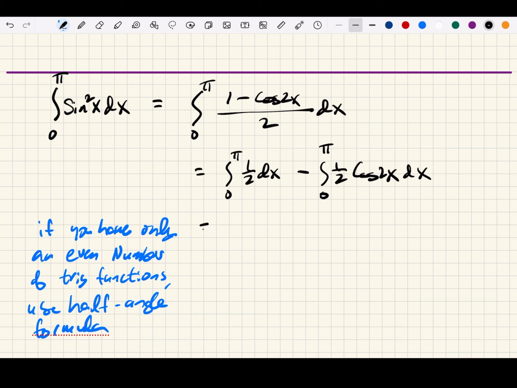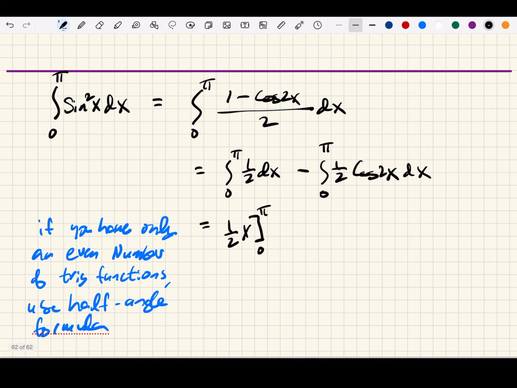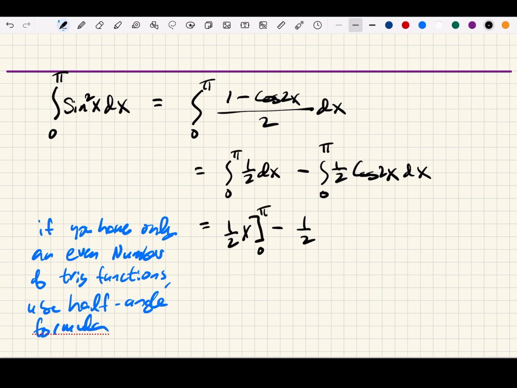So we'd have 1/2 x evaluated from 0 to pi minus, now I have a 1/2, and I have to think about the integral of cosine 2x. What's that going to be? 1/2 sine 2x. You put the 2 on the bottom so that when you take the derivative, it goes away and you get back to where you started.